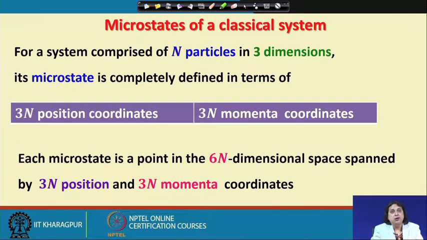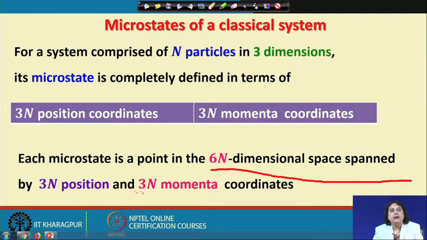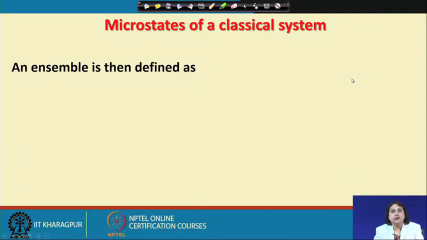Therefore, in general, we can say that each microstate is a point in the 6N-dimensional space that is spanned by 3N positions and 3N momenta coordinates. So, this introduces to us the very important concept of phase space, and it is best to use a pictorial description of the phase space to understand what it is.